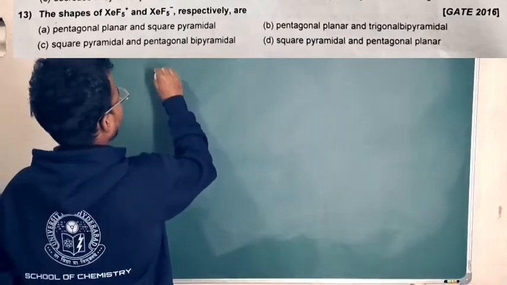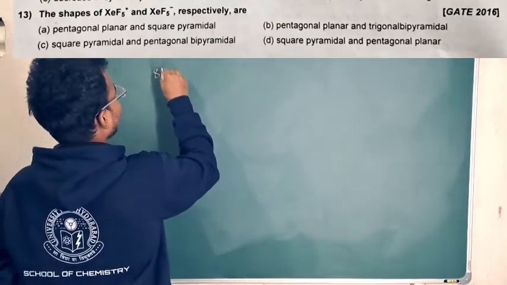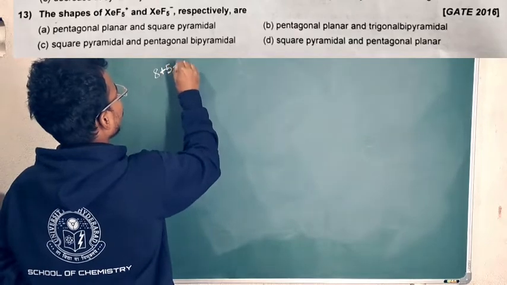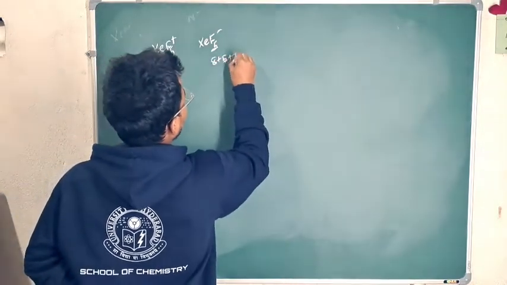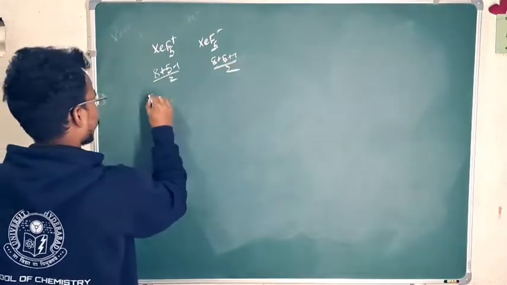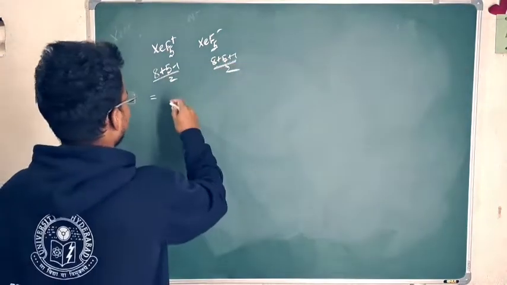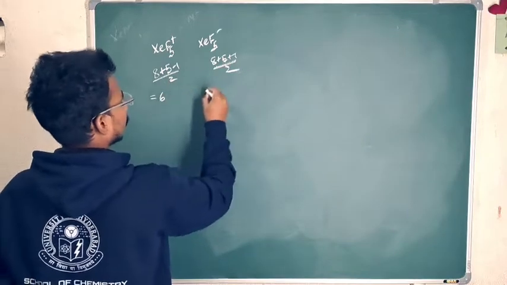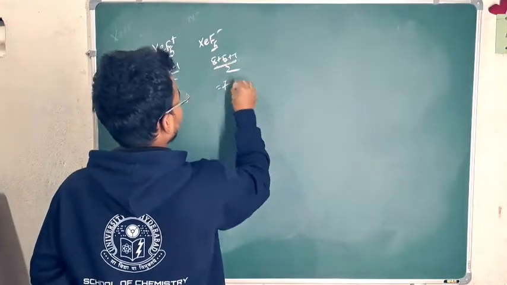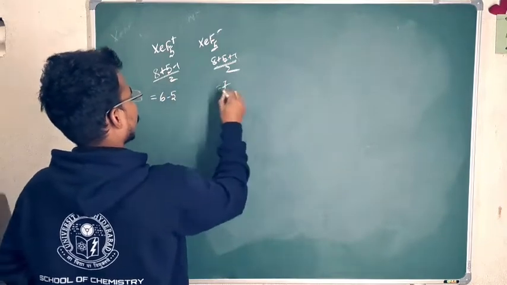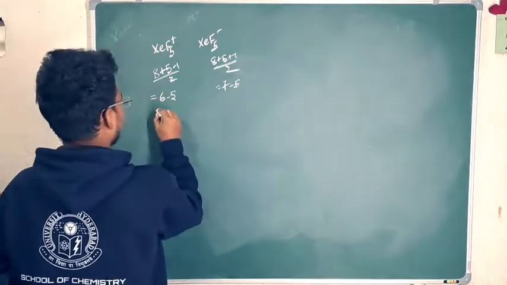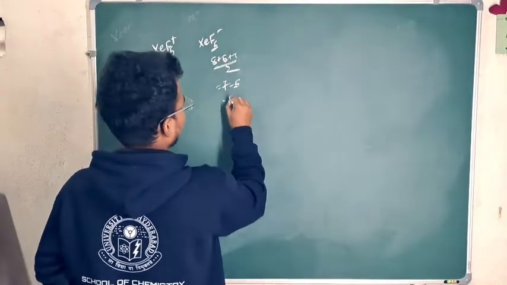So XeF5 plus means 8 plus 5 minus 1 by 2, and XeF5 minus is 8 plus 5 plus 1 by 2. I am calculating the hybridization. So 6 here, 7. 5 bonds are present here, and here also 5 bonds are present. So we are getting 1 lone pair here, and 2 lone pairs here.